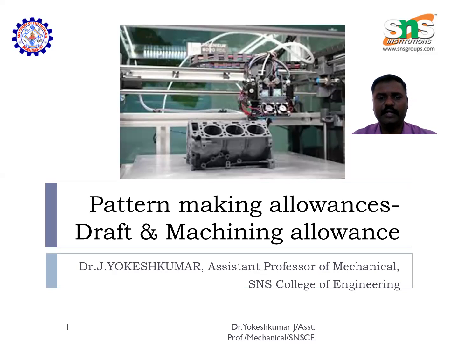So in this video, we are going to discuss other allowances that are used in patterns. The first allowance is draft allowance, another one is machining allowance. These allowances are not related to shrinkage, they are related to the molding and the machining operation. So let us have a detailed discussion on this.